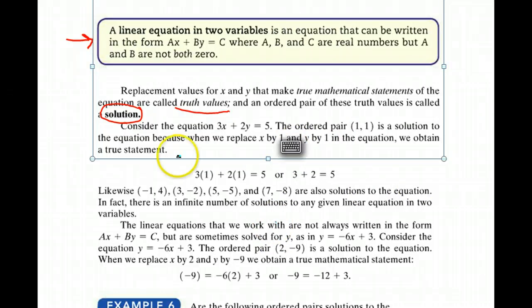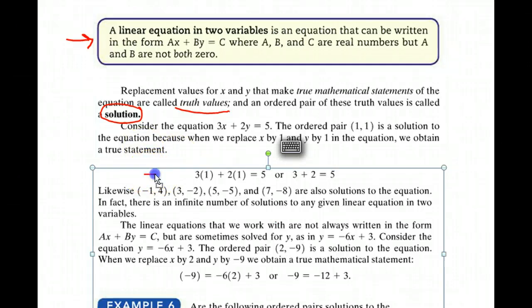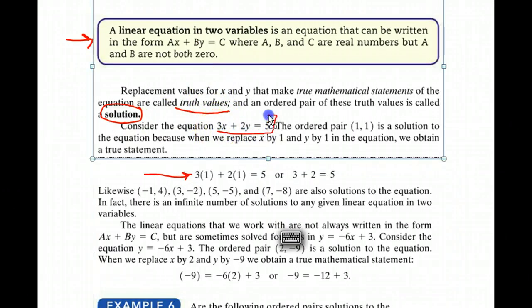So an example of what that whole thing was talking about is that if we take the ordered pair (1, 1) and plug it into the equation 3x plus 2y equals 5. 3 times 1 is 3. 2 times 1 is 2.